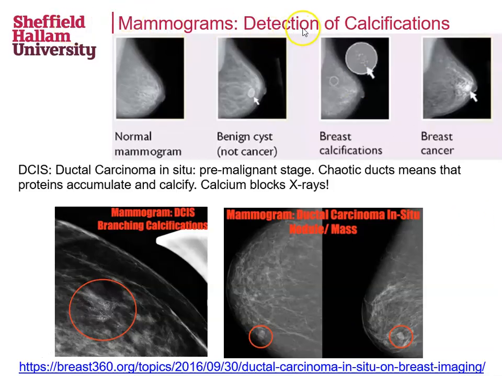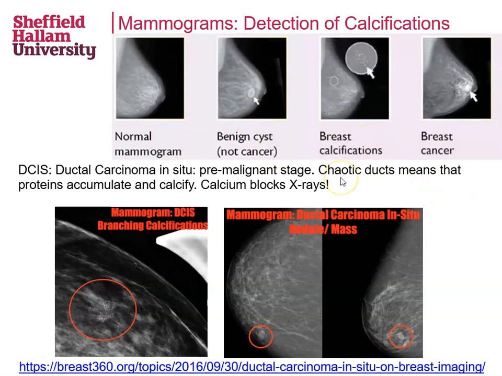So mammograms, apart from fractures, are one of the most common uses of X-rays. We're using X-rays partly to look at the density of the tissue, because cancerous tissues will show up as more dense, but also when you start to develop tumours, you tend to get very chaotic breast ducts.